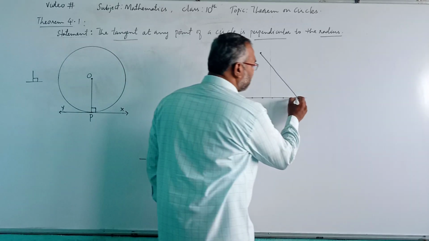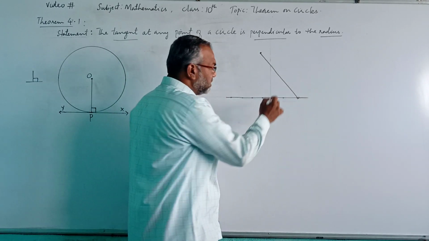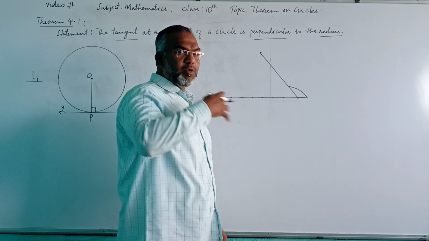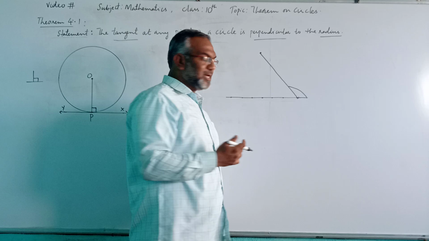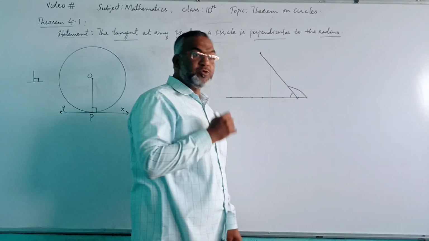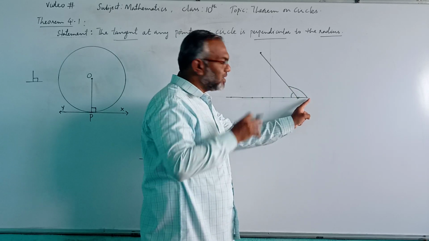And if you observe carefully, an angle is formed here. This side, the angle formed is, of course, more than 90 degrees. It's an obtuse angle. And an angle is formed this side also, which is acute, less than 90 degrees, right?